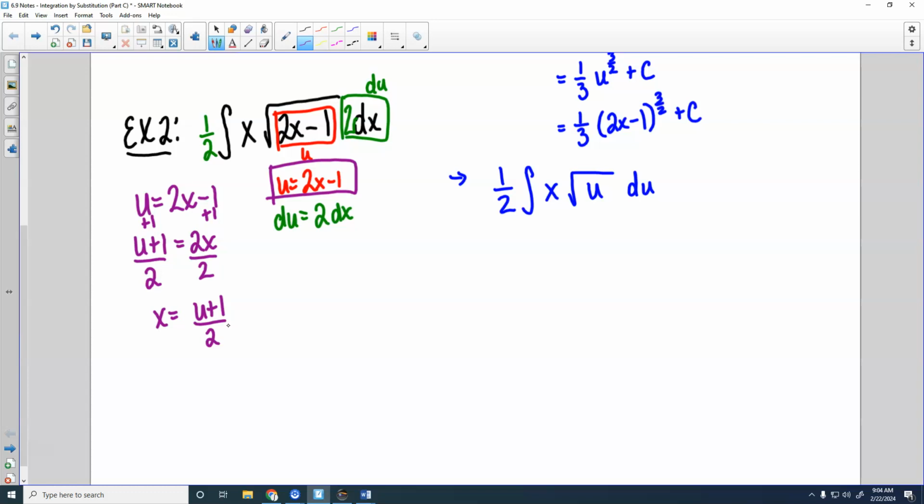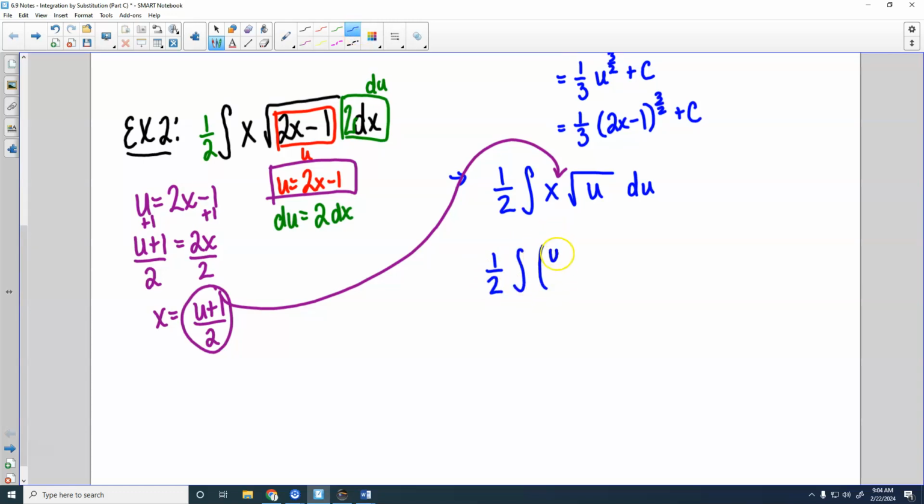Now, if x equals u plus 1 divided by 2, what can I do with that? Replace it over here for this x, right? So I'm going to take this, and I'm going to plug it in over here for that x. So I have 1/2 integral of u plus 1 over 2 times the square root of u du.